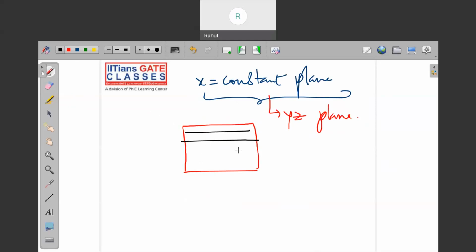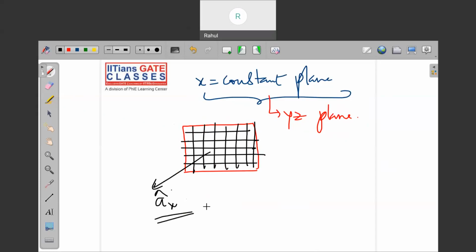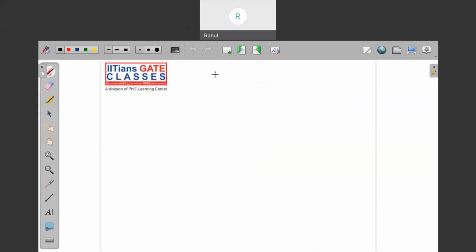What shall be the direction of this plane? This will be directed like this, so this is the x normal. Remember, these things will be utilized when we discuss differential area, because after all, area is also a vector quantity.